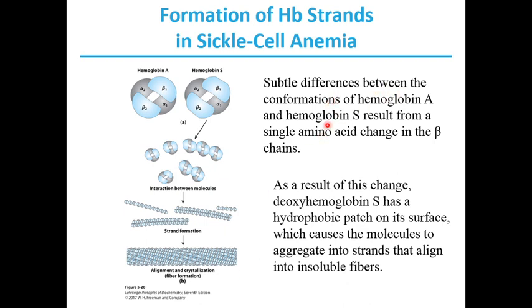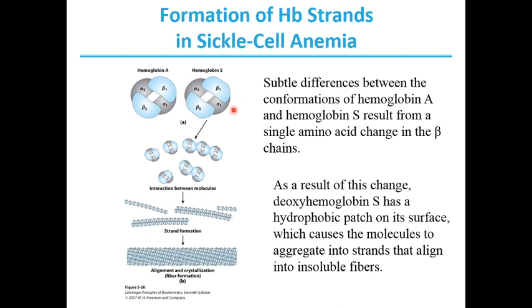Subtle differences between the conformations of hemoglobin A and hemoglobin S result from a single amino acid change in the beta chains. So if you look at hemoglobin A and S, there are subtle differences in the beta chain, which is a result of one amino acid change.